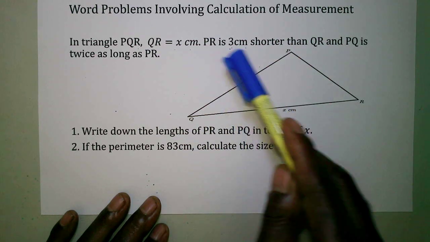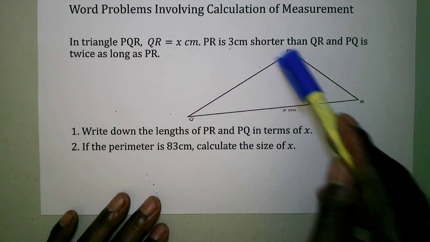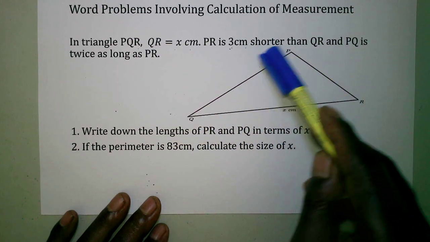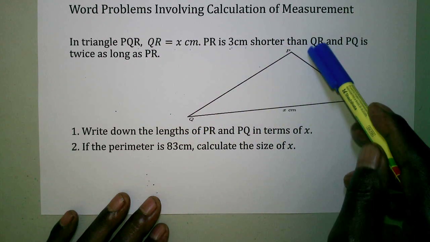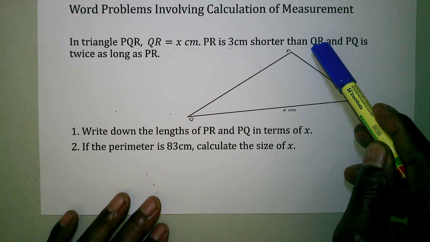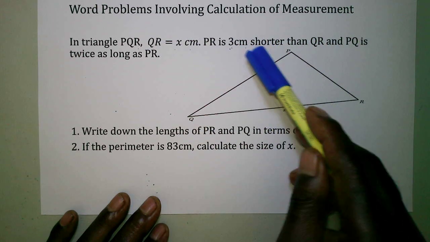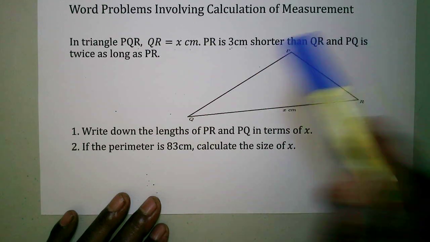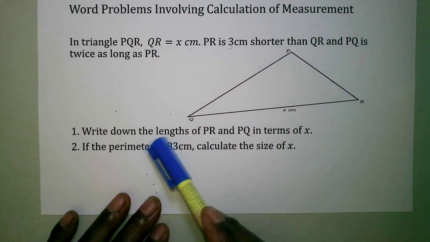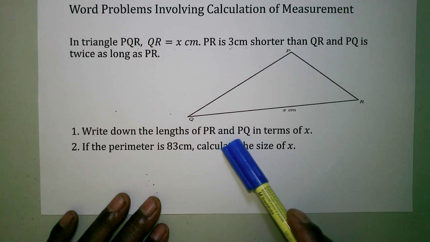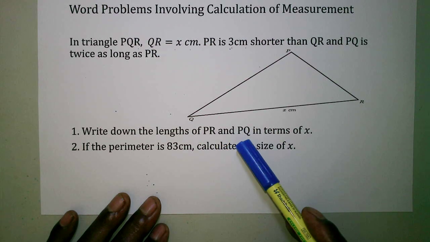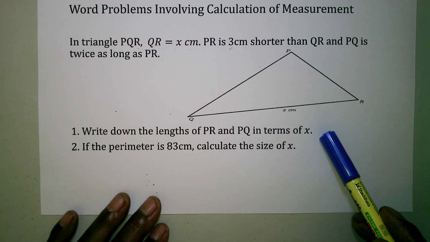So PR is 3 centimeters shorter. When it's shorter, you know what to do. It is not longer, it's shorter. Okay. Now write down the length of PR and PQ in terms of x.